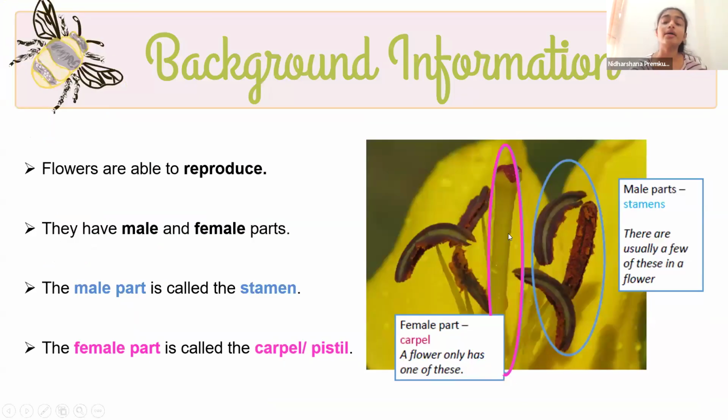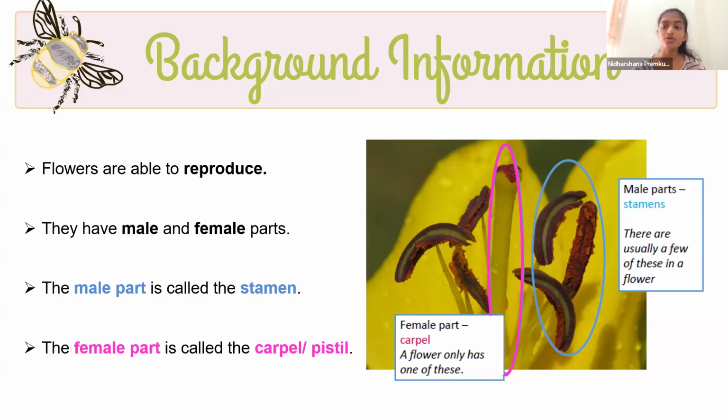Now, a little bit of background information on parts of the flower. Flowers are able to reproduce. That is how we can see flowers, then flowers forming fruits, and so on. Flowers actually have male and female parts, and they are given separate names.